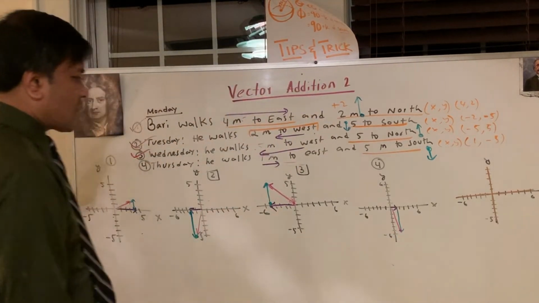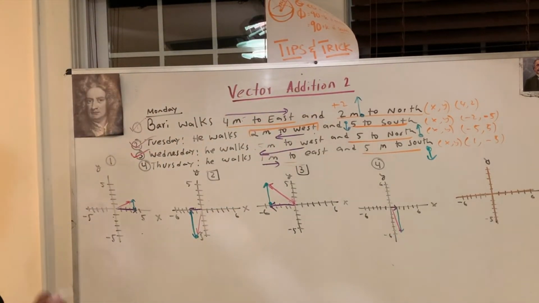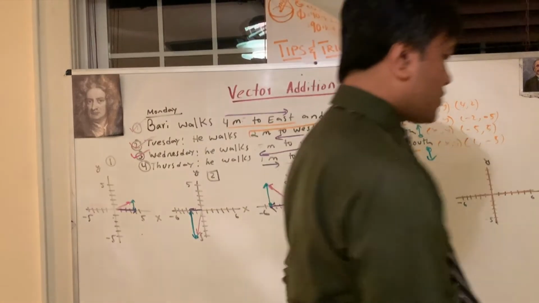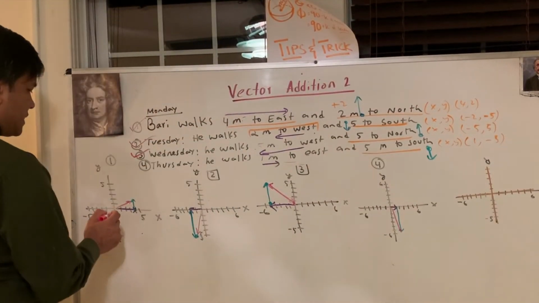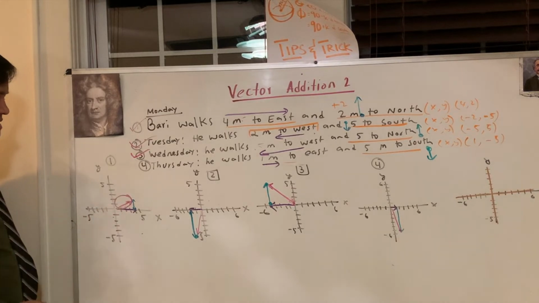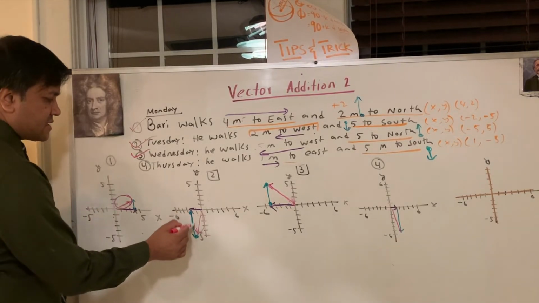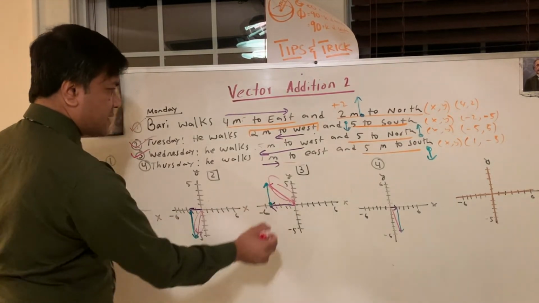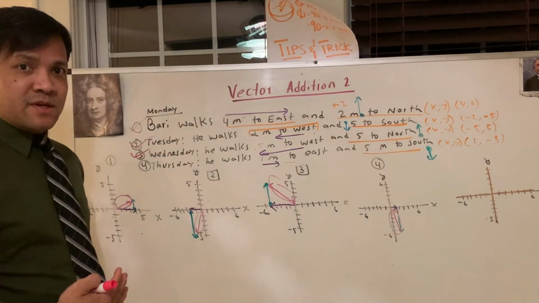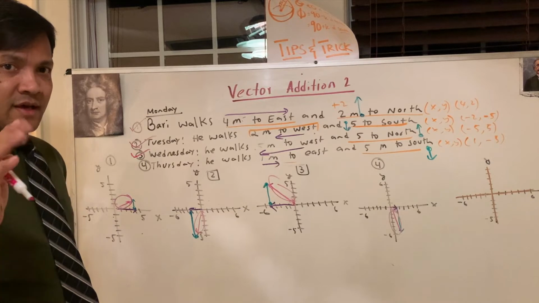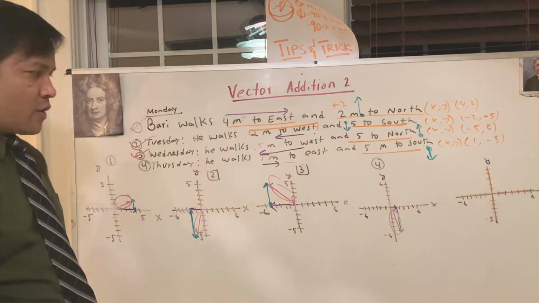Okay. Now I'm going to put them together. So let's put them together. What I'm going to do, I'm going to put all three displacements on top of each other to find the final displacement from the origin.